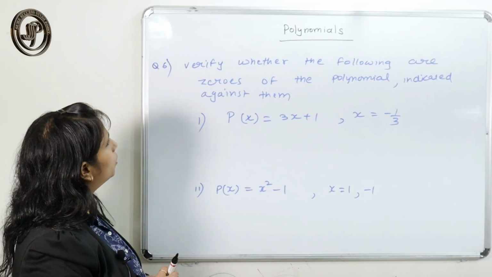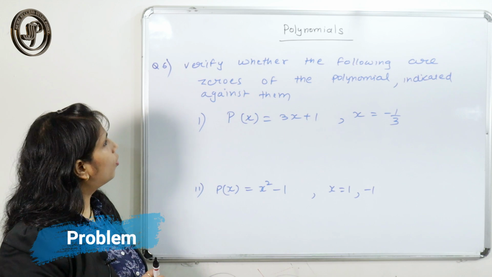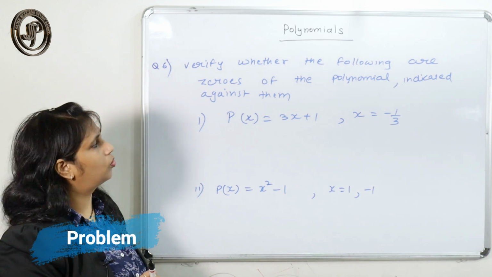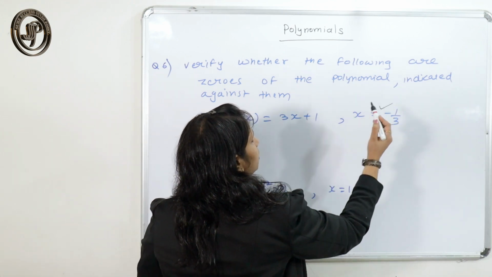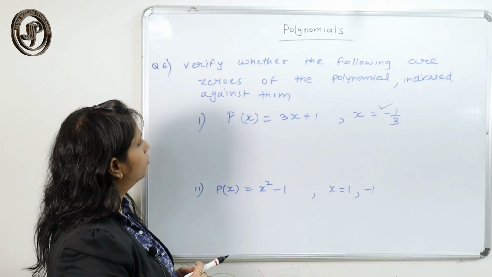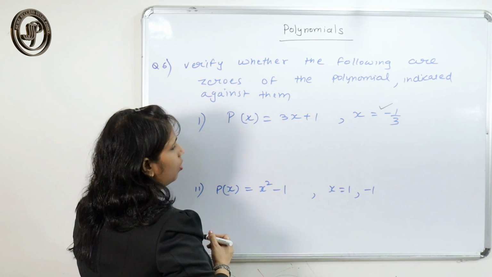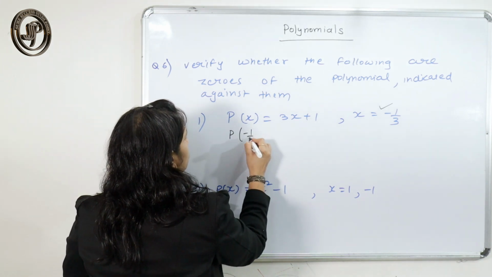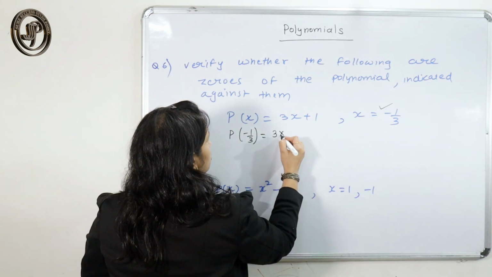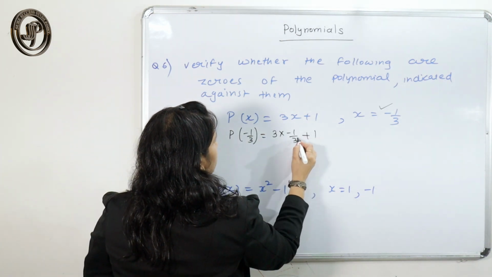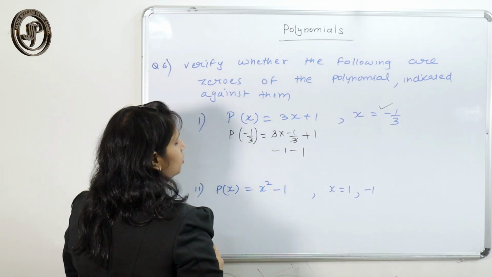So here in this question, verify whether the following are the zeros of the polynomial. I need to find whether x equals minus 1 by 3 is a zero of this polynomial or not. In order to find whether it is a zero or not, I just substitute x as minus 1 by 3.